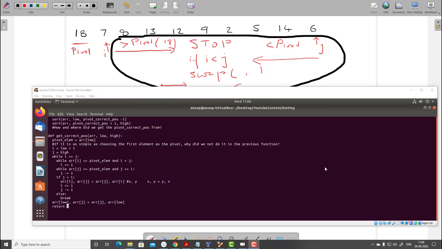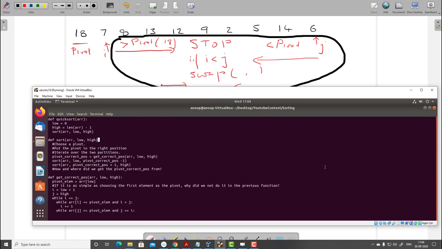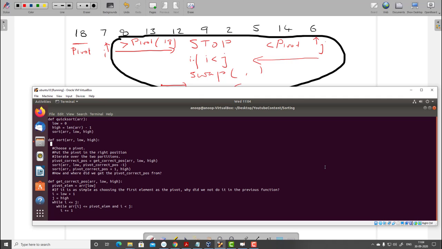Okay, now there is just one thing left to be done. All this sorting has to happen under a condition. The condition is if low is less than high. Because we are using low and high as the markers for the partition, not I and J, but the partition itself, there will come a time when they can cross over.